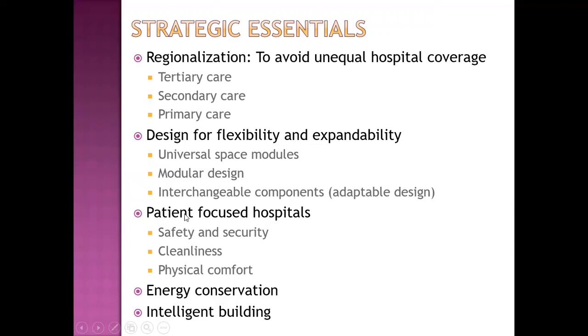We should focus on patients. There should be safety and security concern of patients. There should be focus on cleanliness and physical comfort. We should emphasize on energy conservation. I will talk about more on energy conservation and green construction or green buildings and intelligent buildings.